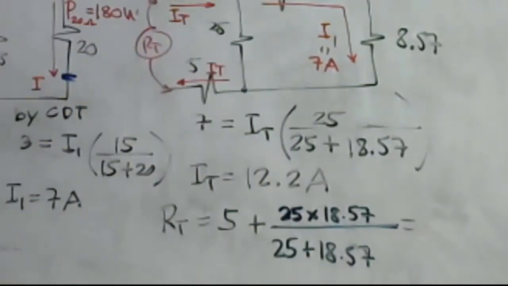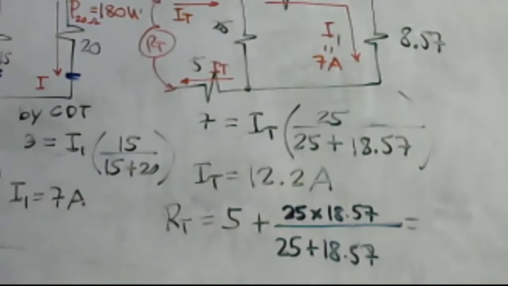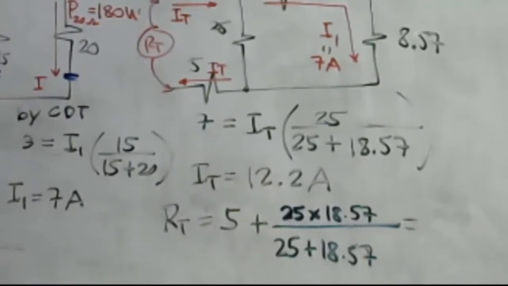Okay, so we have here 25 times 18.57, then divided by 25 plus 18.57 equals 10.66, then plus 5 because of the series resistor here, that is 15.66. 15.66.